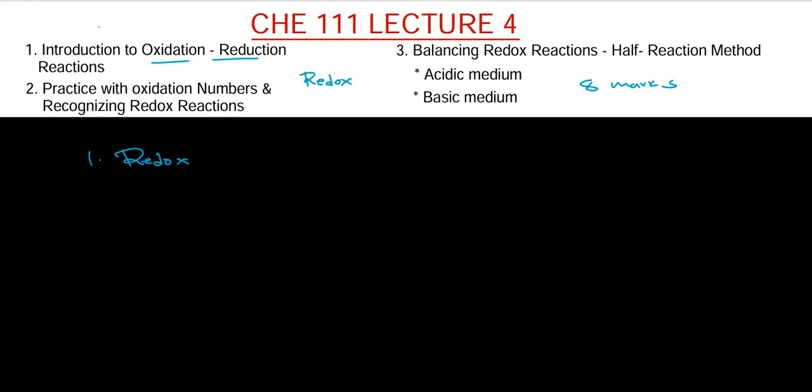A redox reaction involves two reactions happening at the same time, which are reduction and oxidation. Okay, so what is oxidation? Oxidation is the loss of electrons by a substance.